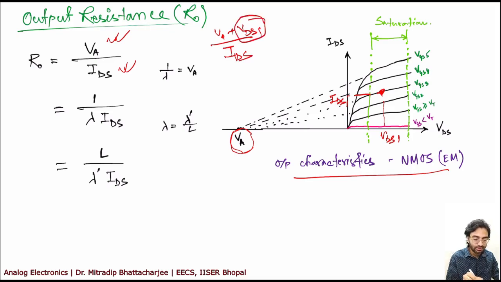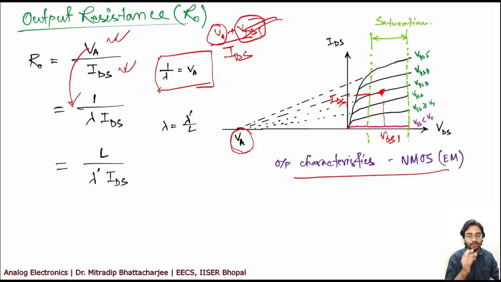However, this VDS1 value is very small compared to VA, so you can neglect it and directly put VA by IDS. Since 1 by lambda is equal to VA, you can replace it to get 1 by (lambda into IDS). Again, lambda is lambda dash by L, so you get L by (lambda dash into IDS).